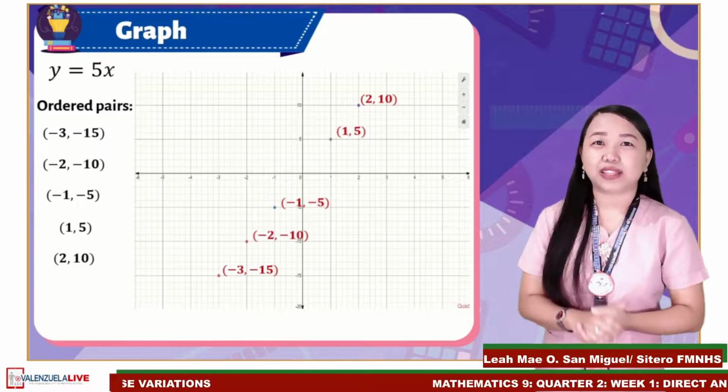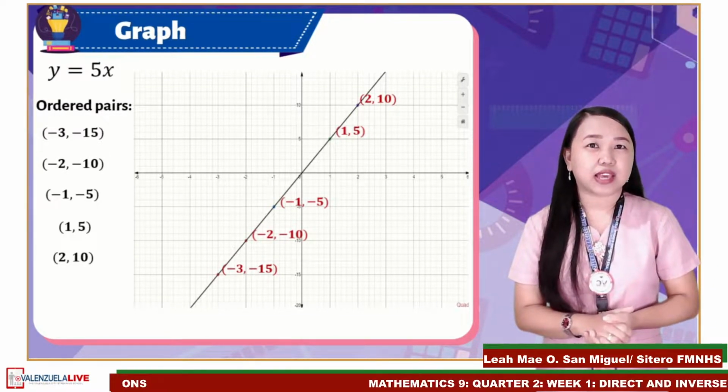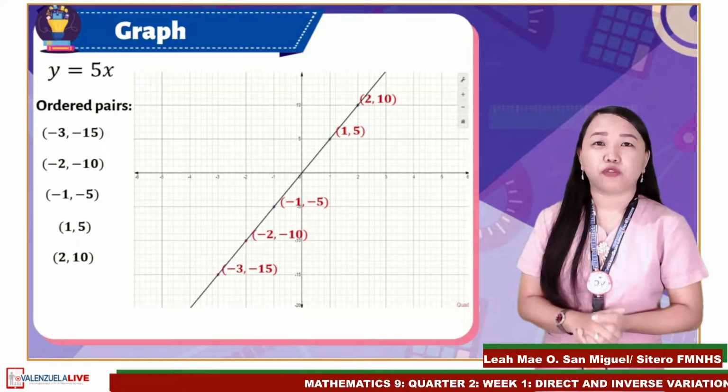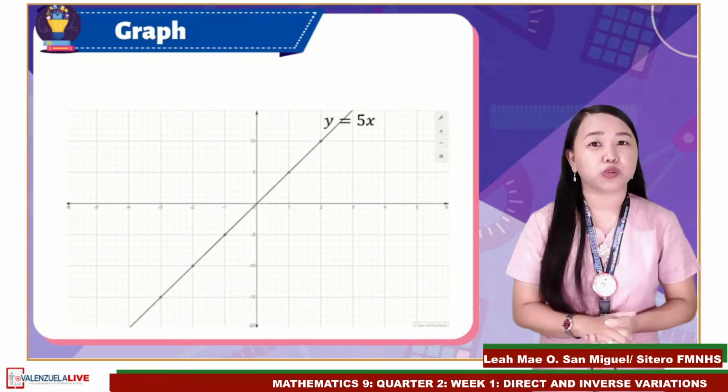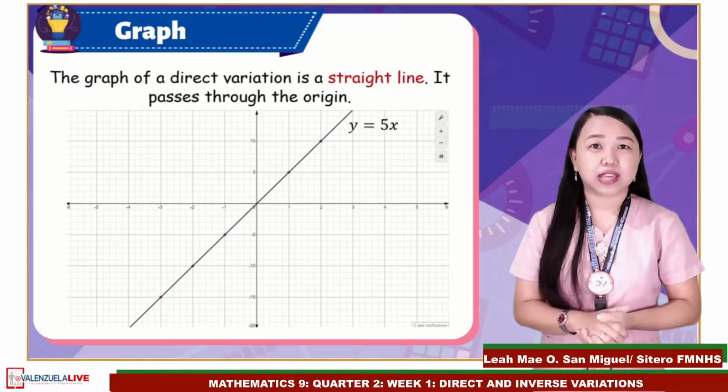Next, connect the points. The graph rises from left to right. This means that the graph of our given table of values or the equation y equals 5x is increasing.